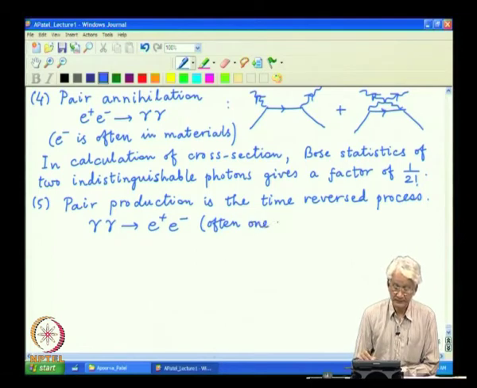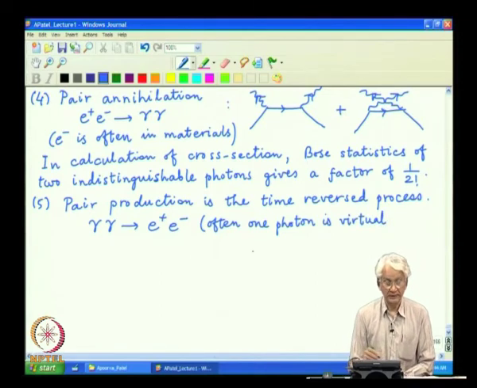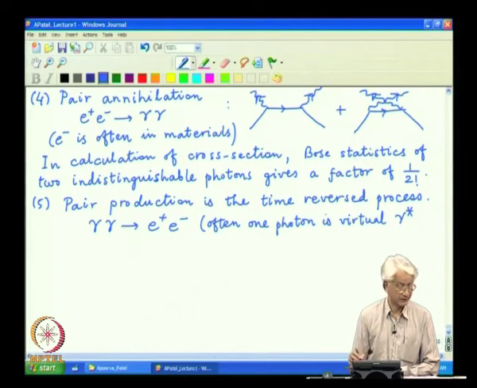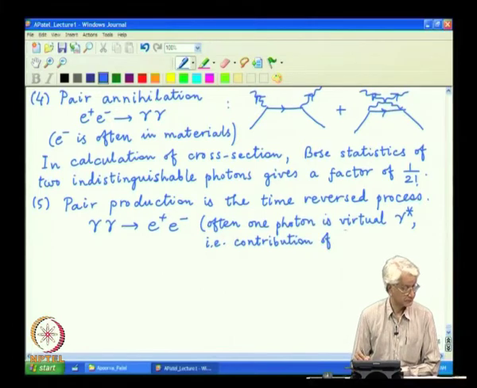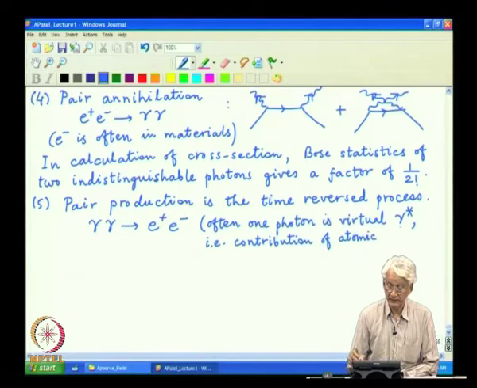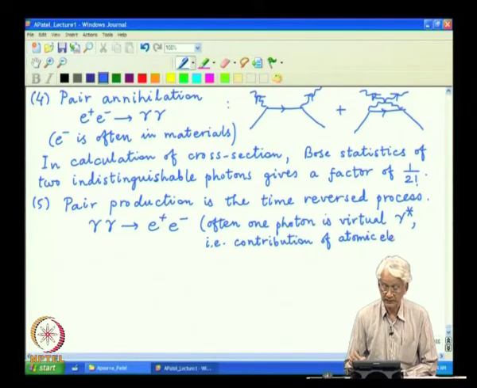So, one of the photons is often a virtual photon, which we have been denoting by gamma star, and that can be a contribution of the atomic electric field.